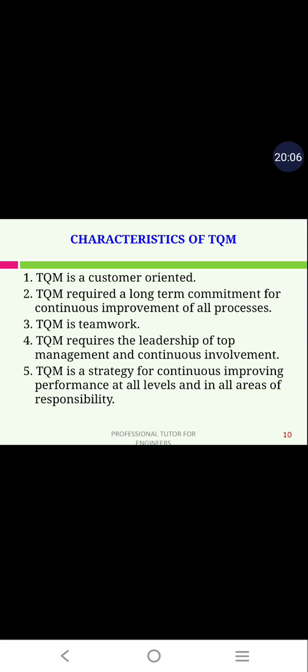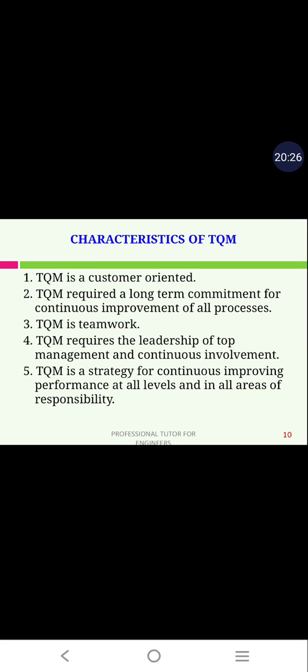And the fifth characteristic is that TQM is a strategy for continuously improving performance at all levels and in all areas of responsibility. TQM is a method for continuously improving performance.